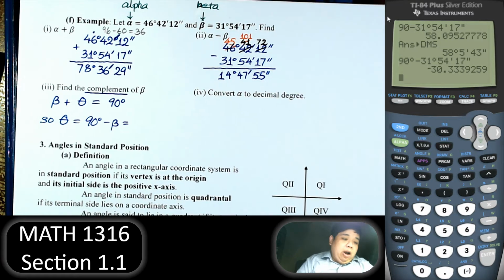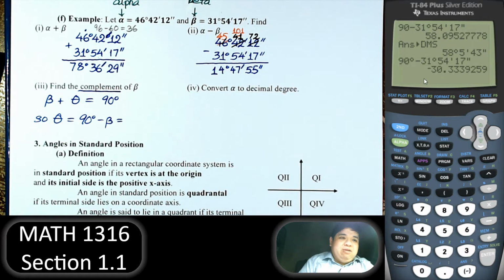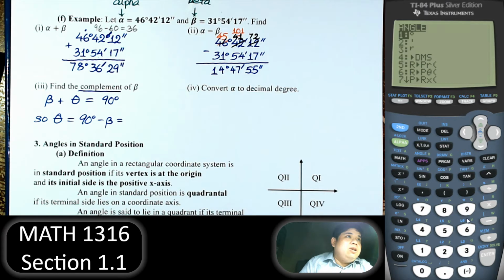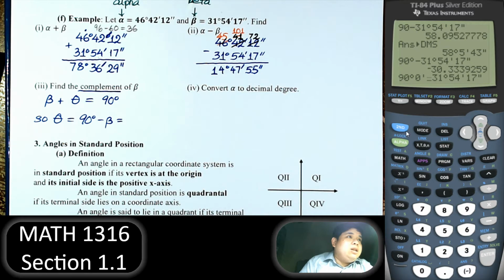Of course, it's not going to be negative 30 degrees, right? So what is the difference here? Of course, the 90, if we didn't put anything, is fine. But the point here is, if we're going to use that, make sure you enter 90 degrees, 0 minutes, and 0 seconds.